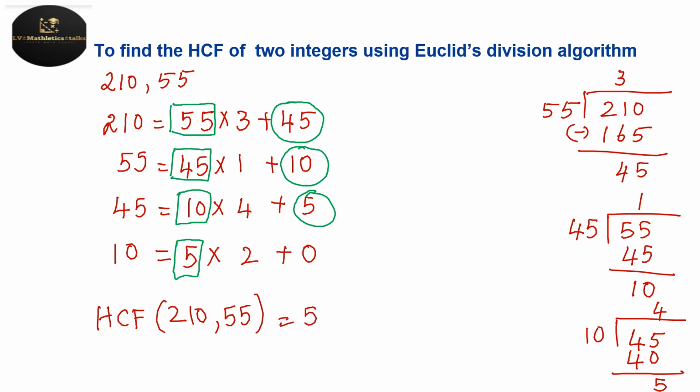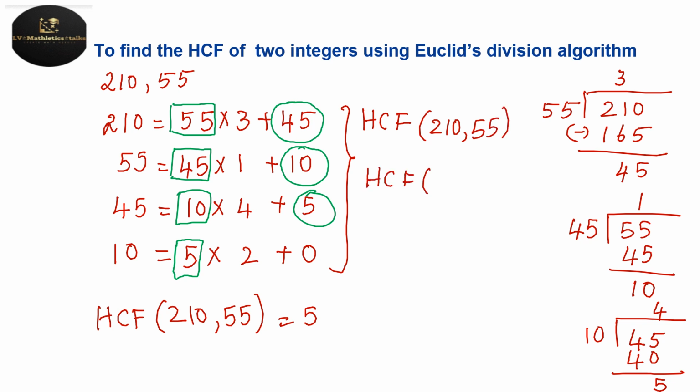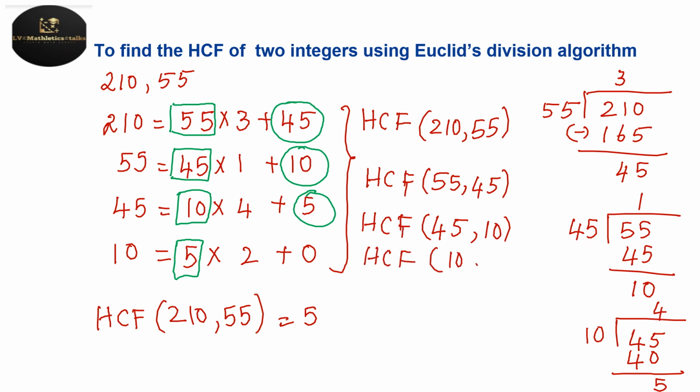The beauty of this algorithm is that HCF of 210 and 55, HCF of 55 and 45, HCF of 45 and 10, and HCF of 10 and 5 are all equal to 5.